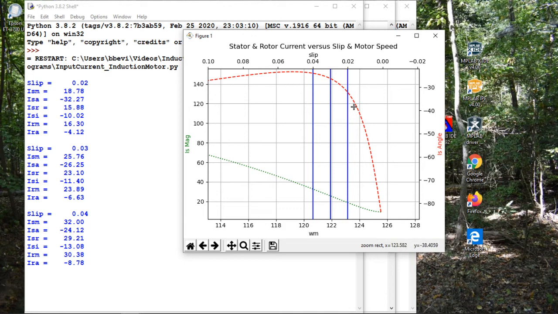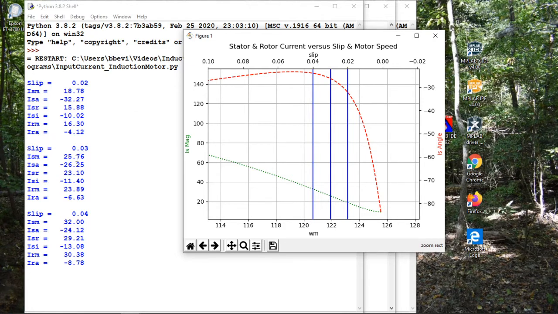The other thing to notice is the angle of this, and this is minus. Notice that as we're moving up slip-wise, the actual angle is decreasing. So what's happening is the current is getting closer to being in phase with the voltage. Here it's minus 32 degrees for a slip of 0.2.